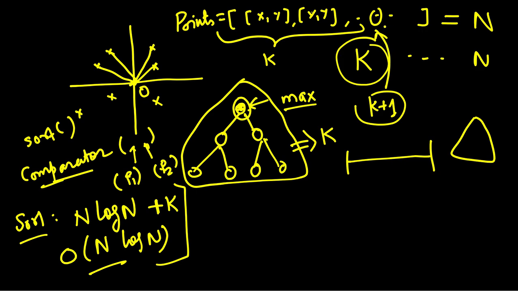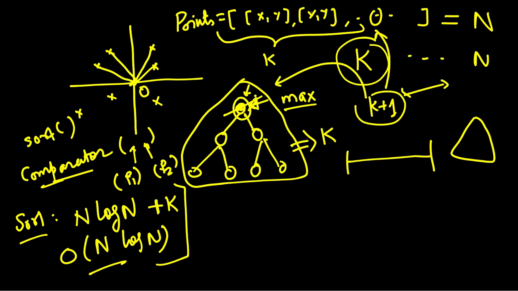Now I start looking at k plus 1 till nth point. And whenever I find a point which is smaller than this top, then we will remove this max and put that point here. So in that way, we will always be removing the maximum element. We want to keep minimums intact.